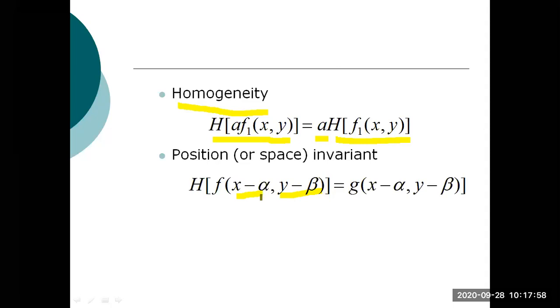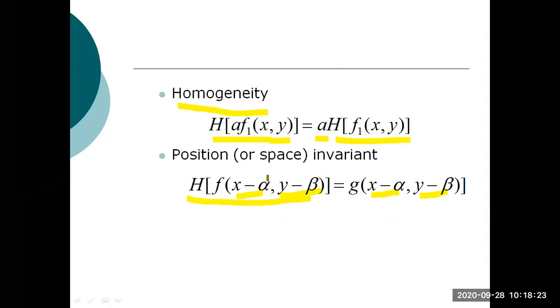In time, it is called delay. Here it is distance, it is space, so it is called distance. If you operate H on this, and in the output also you get the same x minus alpha and y minus beta, so the same distance is provided, then it is invariant.